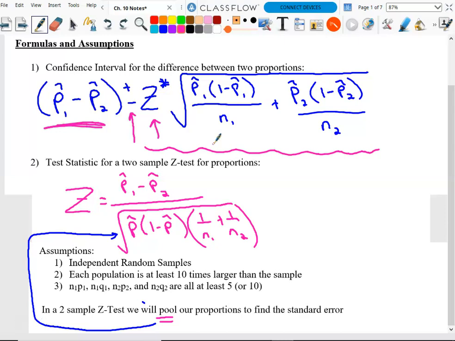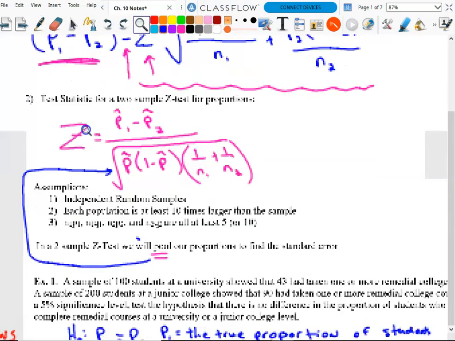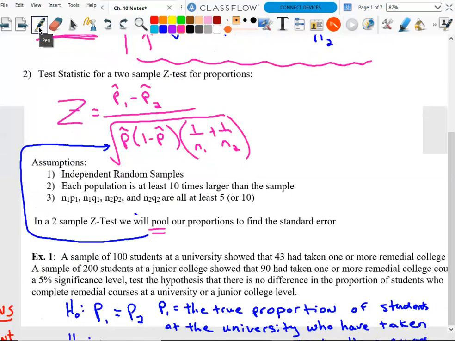So, moving on. When we do a test, a hypothesis test, this z-score formula I think is absolutely silly. I don't think I've ever seen a question that required you to use it. I'm just exposing you to it.